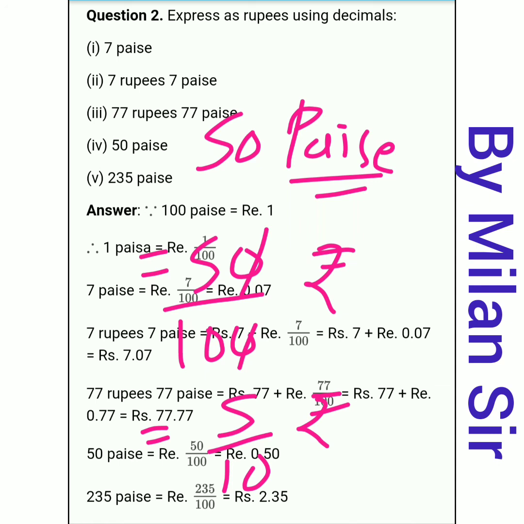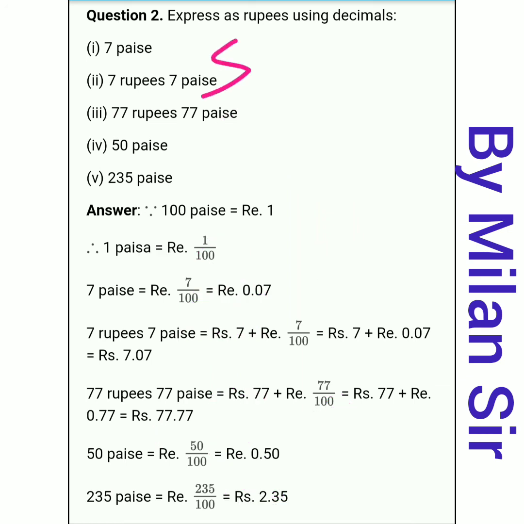Now in the denominator we have only 10, so before 1 digit we need to put a decimal point, and we have 1 digit in the numerator. So here we have 5, before that we need to put a decimal point, and no other digit we have, so we need to put 0, so 0.5 rupees.